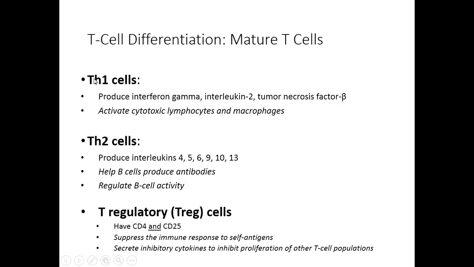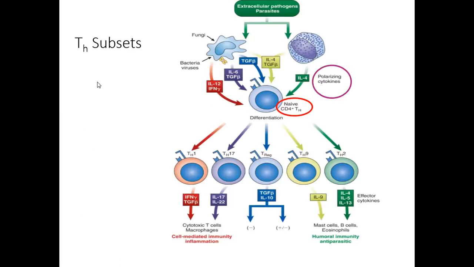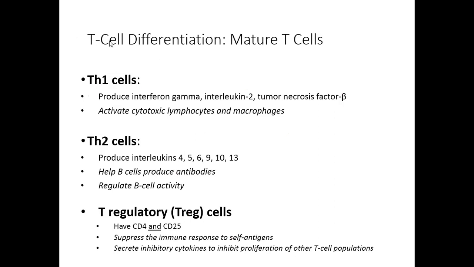If called by the antigen presenting cells' cytokines to differentiate into T helper 1 cells, those T helper 1 cells are then going to be able to produce additional cytokines that are going to activate cytotoxic lymphocytes, and it's going to activate some macrophages.